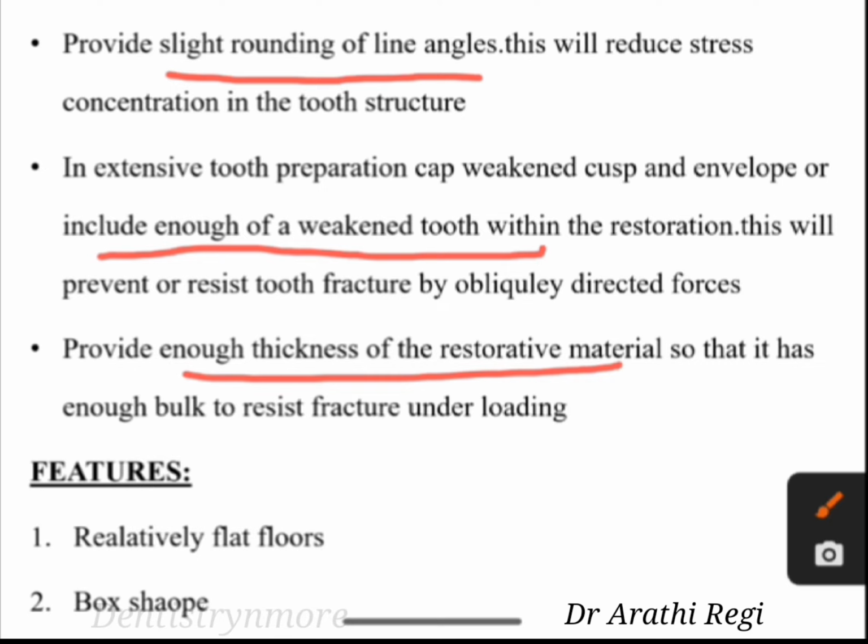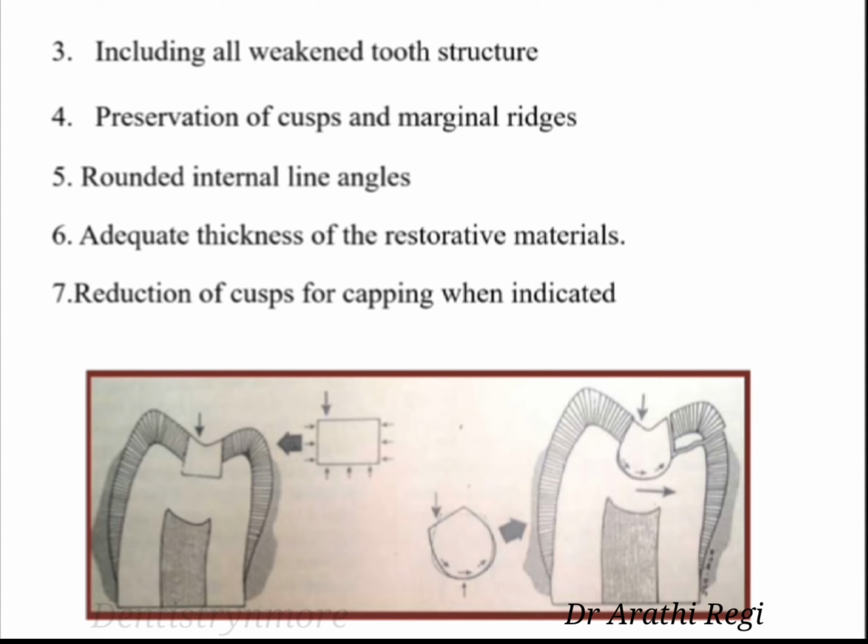And now we are moving to the features. First one is relatively flat floor, box shape. After that, including all weakened tooth structures. And next one is preservation of the cusp and marginal ridges. Next one is rounded internal line angles.